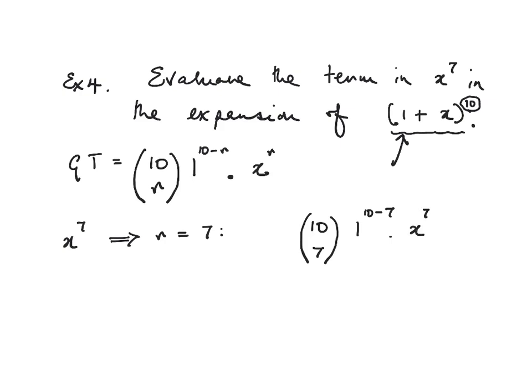Calculators: 10 choose 7 gives us 120. 1 to the power of anything is 1, x to the power of 7, so it's 120 x to the power of 7.